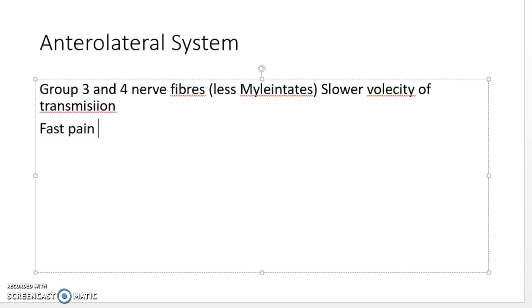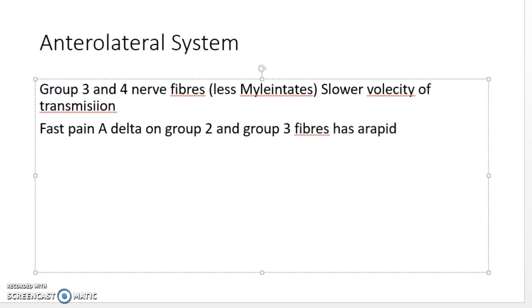Fast pain is carried by A delta group 2 and group 3 fibers, has a rapid onset and offset, and is precisely localized.